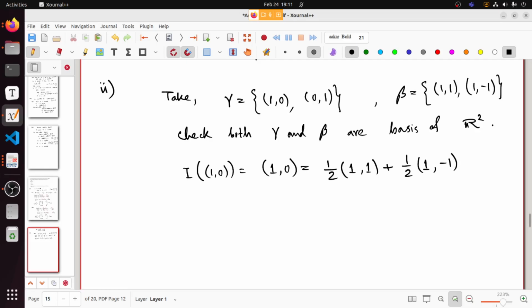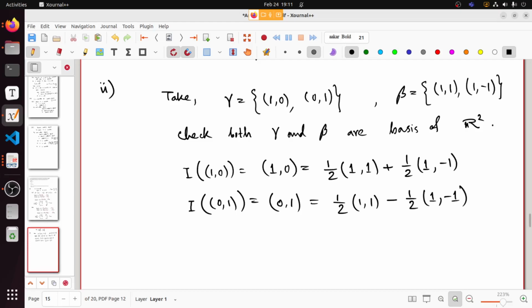And then what will be I of 0 1? It is 0 1, because this is the identity transform. Written in terms of the basis beta, this is half of 1 1 minus half of 1 comma minus 1.